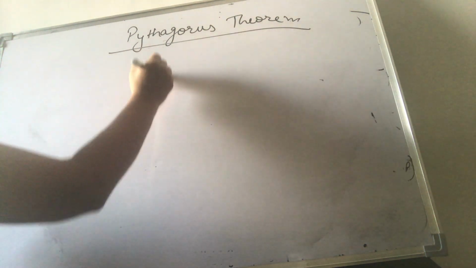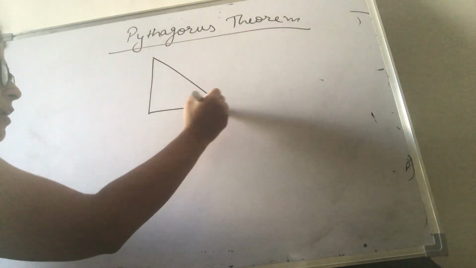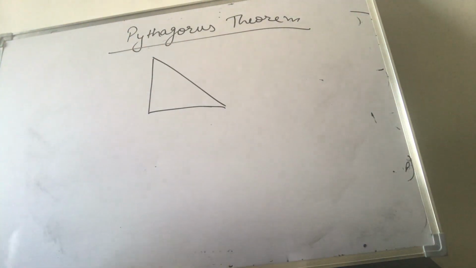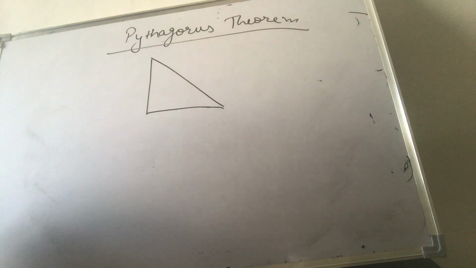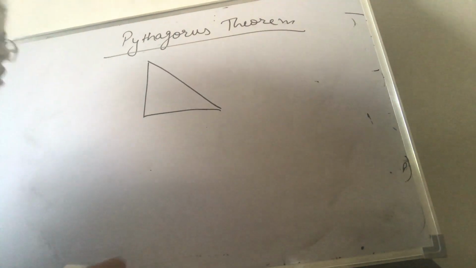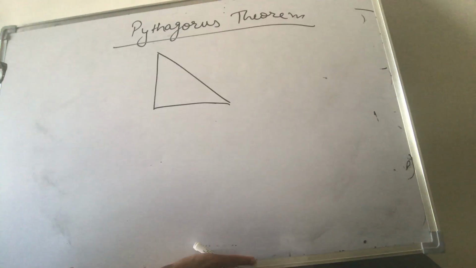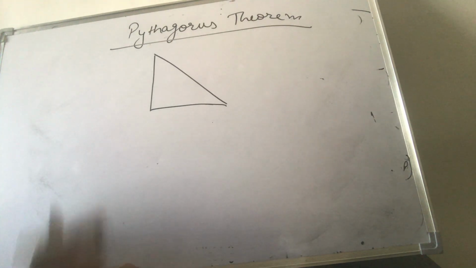The first one is acute angle triangle, the second one is obtuse angle triangle, and the third one is right angled triangle. In a right angle triangle we use this Pythagoras theorem. Not in any other triangle we can use this theorem. Pythagoras theorem is used only and only in a right angled triangle.